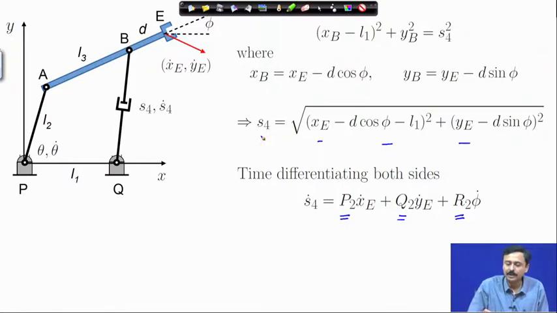This is going to be a little complicated, but it is otherwise straightforward. There will be a little bit of algebra involved. So, the steps are straightforward. You will just differentiate the expression of S4 with respect to time.